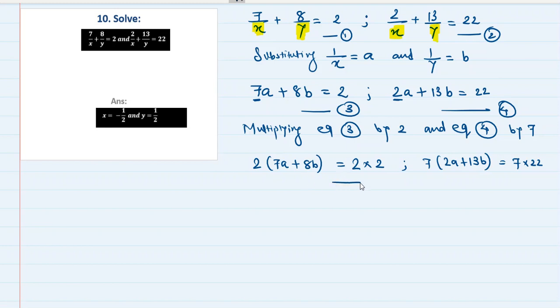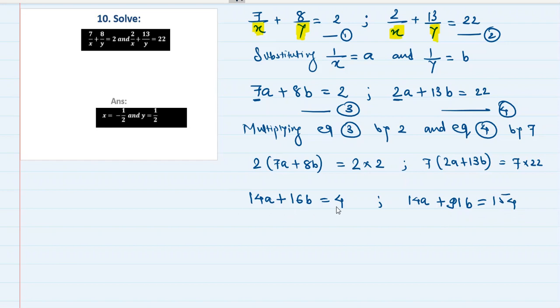Don't be in a hurry to number the equations. First simplify this. So this will become 14a plus 16b is equal to 4, and 14a plus 13 sevens are 91, 91b is equal to 22 sevens. 22 sevens is 154, 20 sevens is 140, plus 7 twos are 14, so 154.